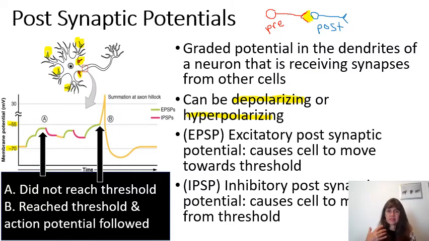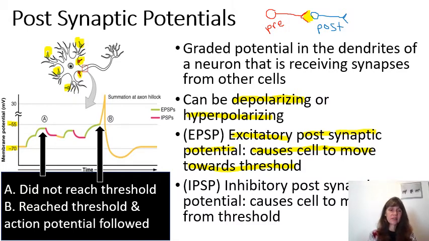Because some of these signals take the membrane towards threshold through the process of depolarization, we refer to those as excitatory postsynaptic potentials, because they're potentially going to cause the cell to move toward threshold where an action potential will occur, which will allow a nerve impulse to occur in the postsynaptic neuron.